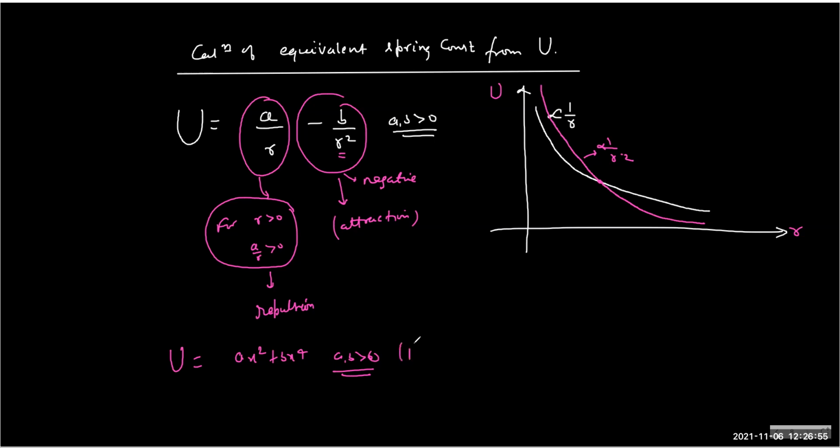This is the example of a perfectly repulsive force, which means in such a formula we cannot think of equilibrium at all. So there is no need to even think of equilibrium. If you try to solve, you may get some imaginary answer, which means it is not possible.